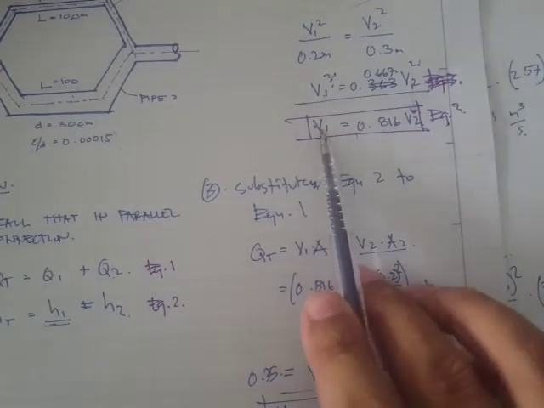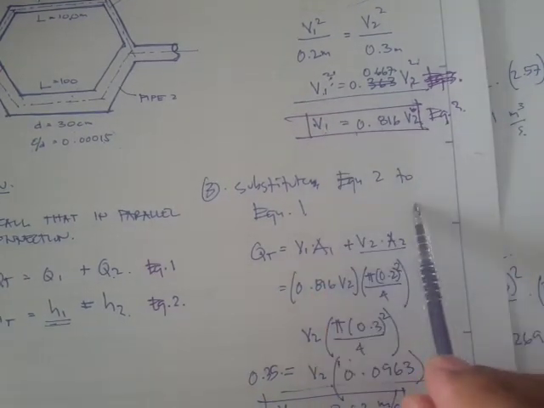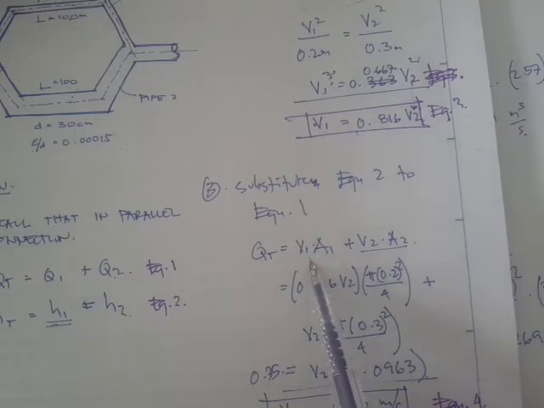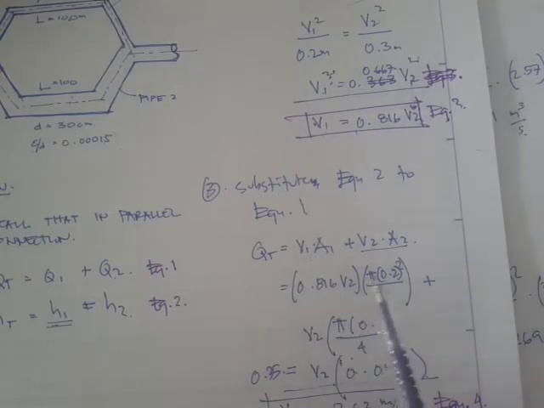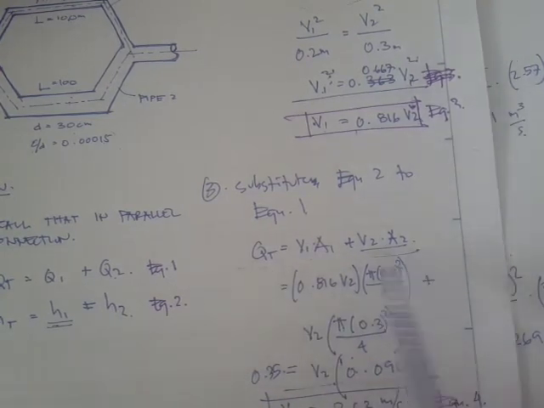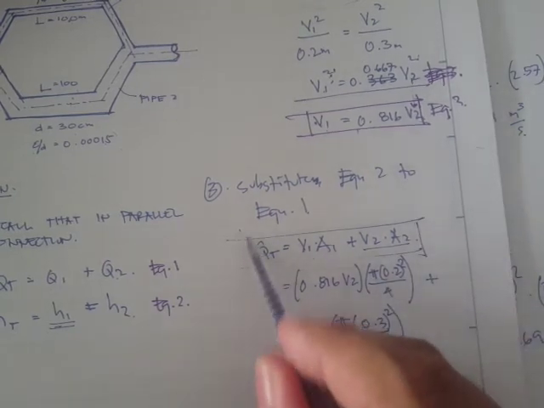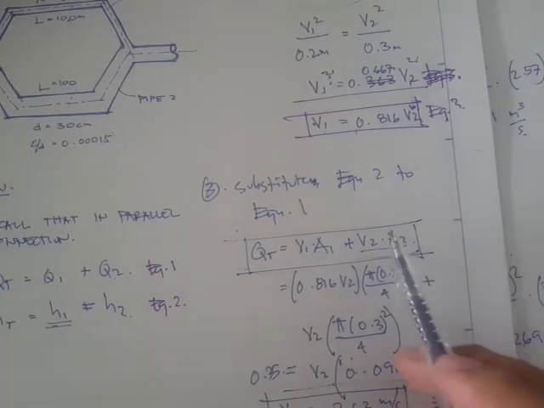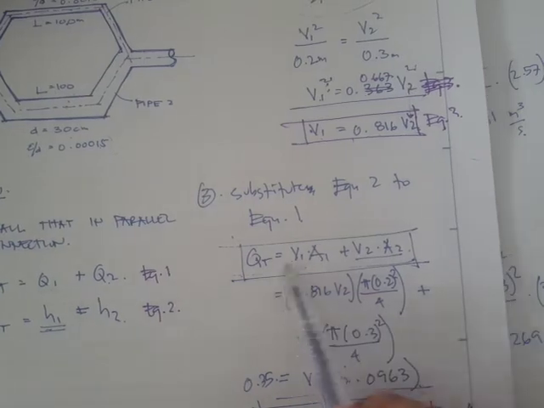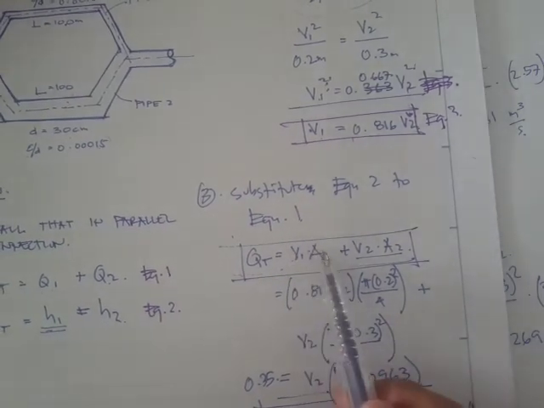Now, since we have this expression, we can solve for the velocity at point 1 and velocity at point 2 by applying equation number 1, which is the rule number 1 for parallel connections. So it's just the flow rate equation.